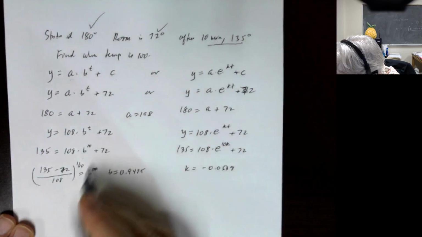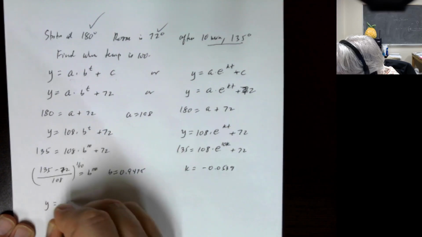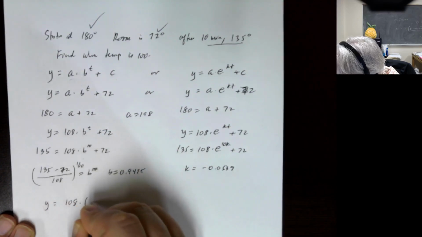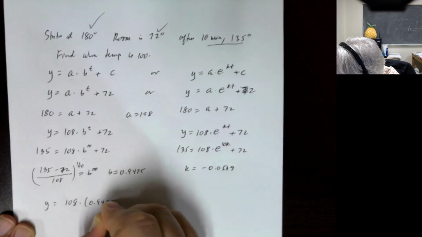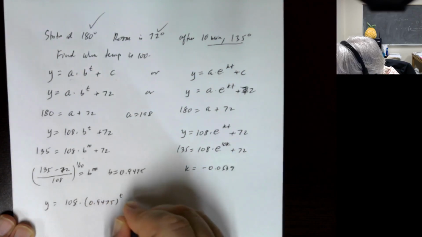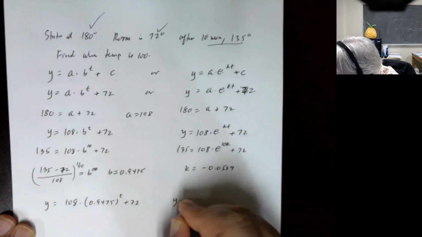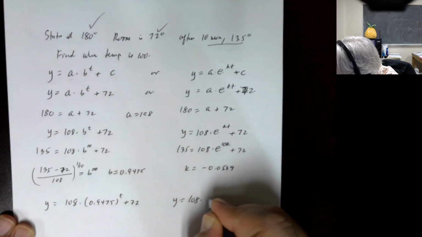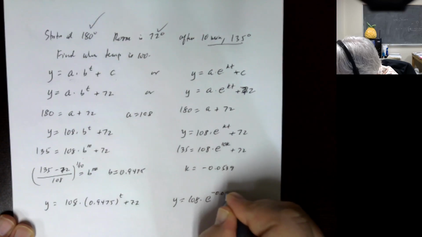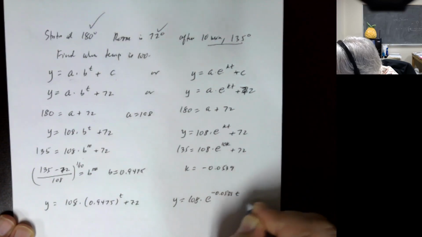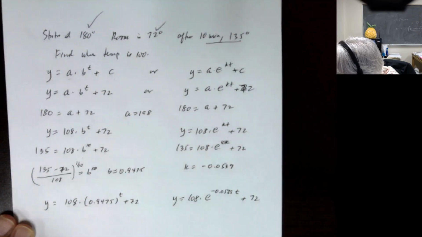So here we now have y is equal to 108 times 0.9475 to the t power plus 72. And over here we have y equals 108 times e to the minus 0.0539 t plus 72.